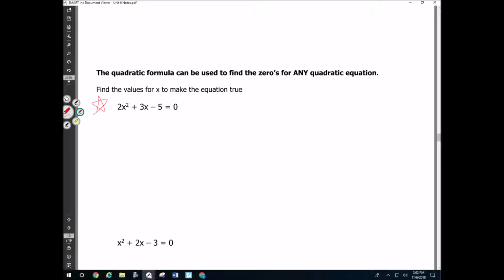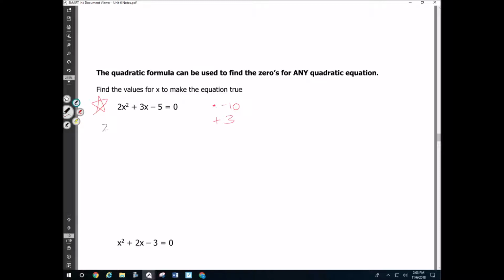So first attempt would be to find two numbers that multiply to get negative 10 and add to get 3. Do you have two numbers that do that? Sure. So that means we could factor this.